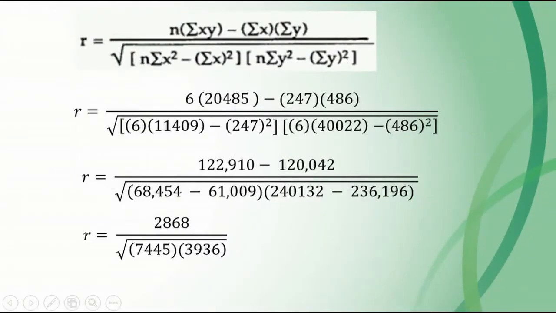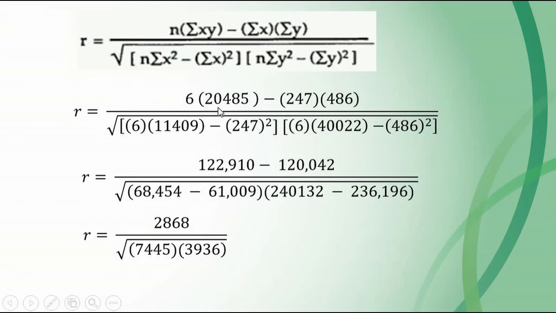So let's now compute for r. r is equal to n times the summation of xy minus the product of the summation of x times the summation of y, over the square root of n times the summation of x squared minus the square of the summation of x, multiplied by n times the summation of y squared minus the square of the summation of y.